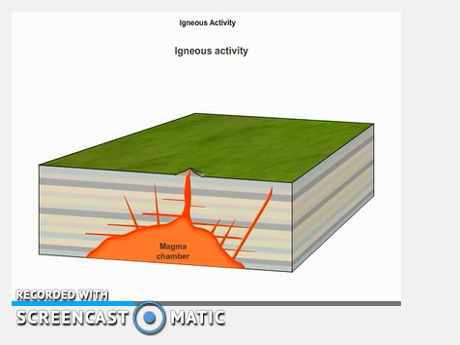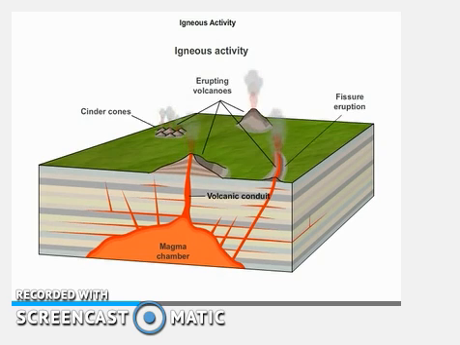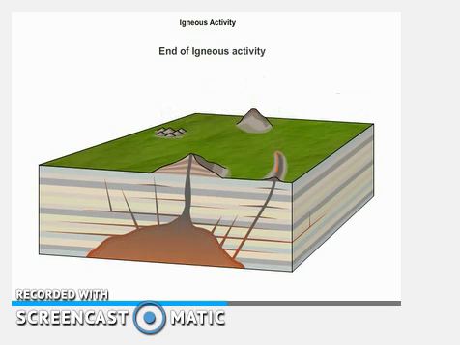The magma chamber feeds several large volcanoes and a group of cinder cones on the surface through conduits, as well as a large fissure eruption on the surface. Notice that the magma is also moving into cracks and bedding planes beneath the surface. When the igneous activity ends, the magma cools into intrusive igneous features such as dikes, sills, and a laccolith.